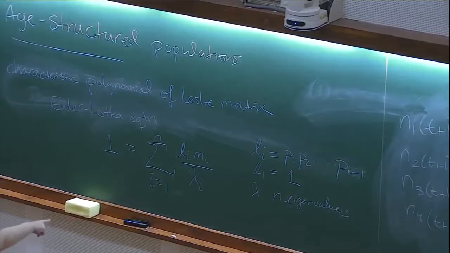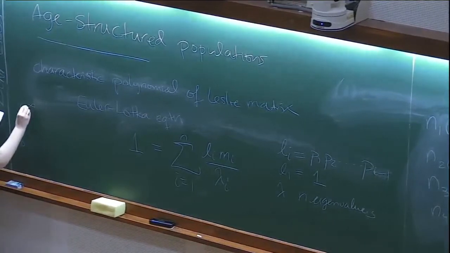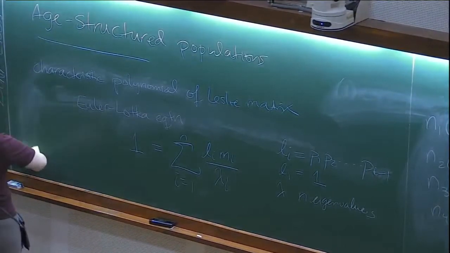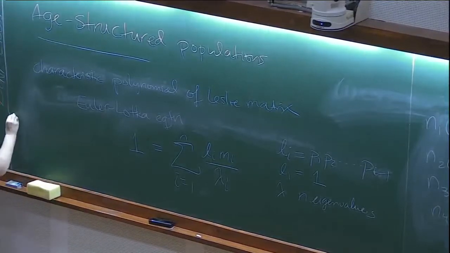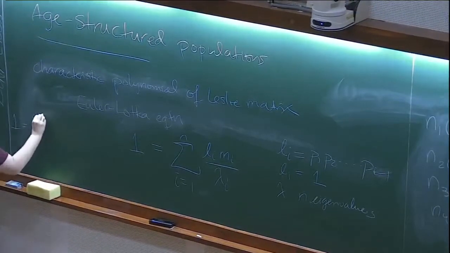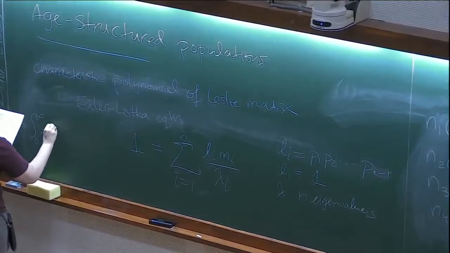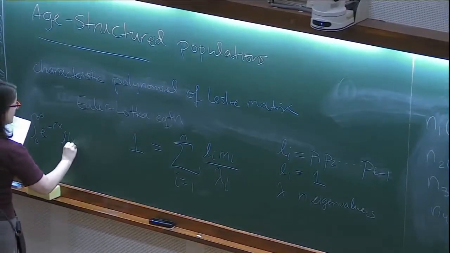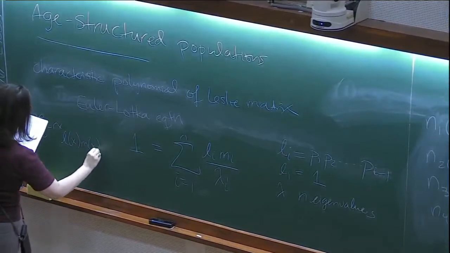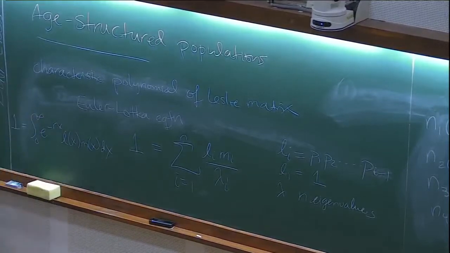Now, you may be more familiar with this equation in the continuous form. It's sometimes written this way. I should have a 1, but I'm going to cross the do not cross line. So this is sort of the continuous form of this equation.